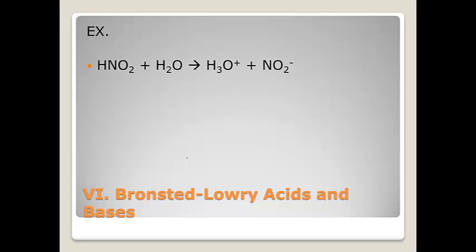So, here's an example. This thing here you should recognize as nitrous acid, and we notice that we have water here. Since this is an acid, it still must be an acid no matter whose definition you're talking about. What happened?